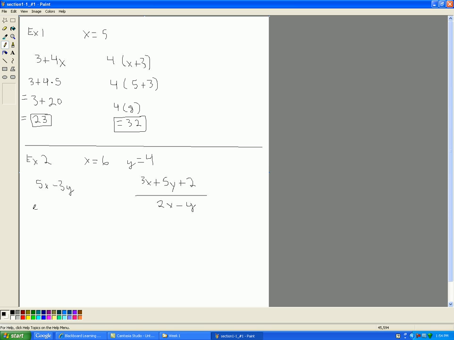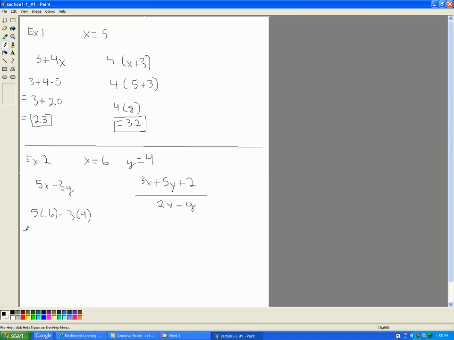So this second example becomes 5 times 6 minus 3 times 4. Now you see I use parentheses here. That just helps me separate, make sure I don't put 56 or 34, that it's 5 times 6 and 3 times 4.